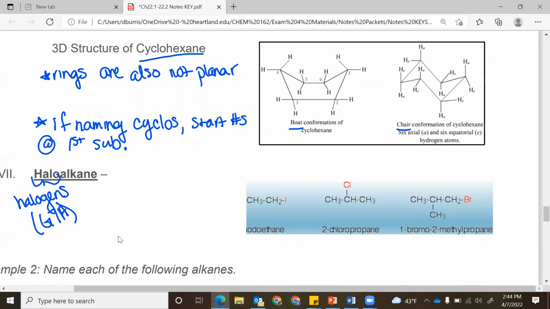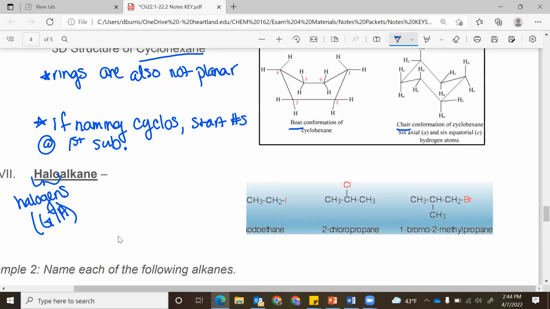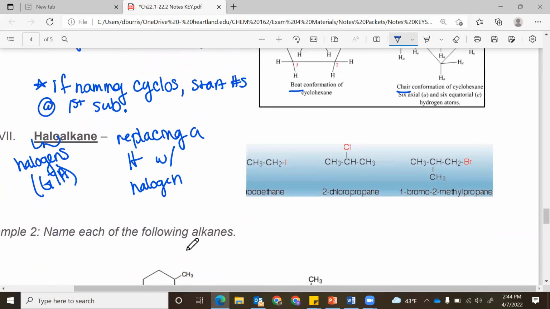So fluorine, chlorine, bromine, iodine, astatine's not going to stick on anything. You are going to name these as a substituent as well. So haloalkane is replacing a hydrogen with a halogen. And you got to tell me where those are too.